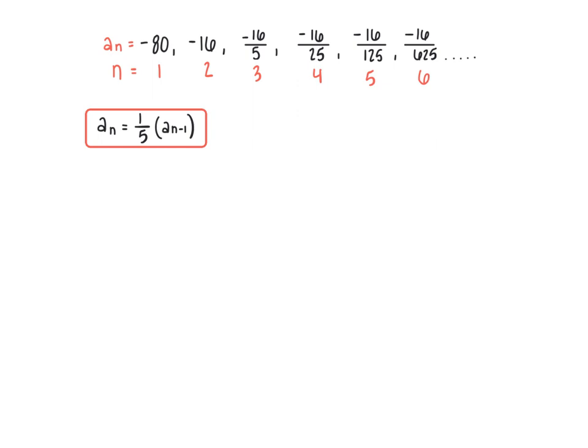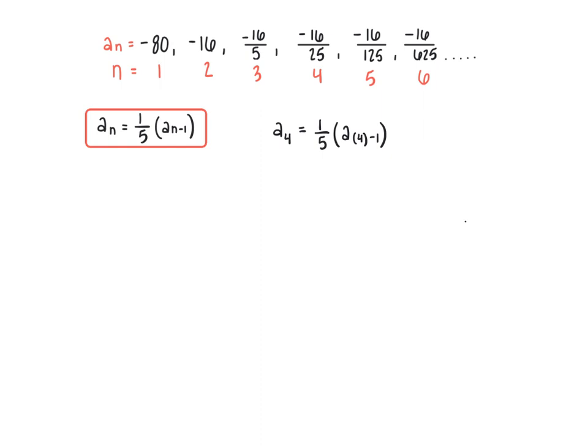So let's go ahead and just test out our formula to make sure that it works. If I were looking for the fourth term, or a sub 4, my formula would be 1/5 times a sub 4 minus 1.